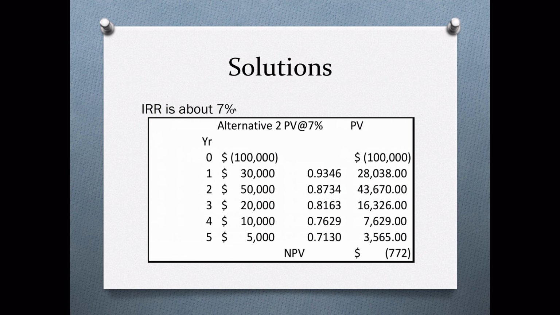So my answer is that the internal rate of return on the second investment, alternative 2, is about 7%. Again, this is hit and miss. On the first problem, I got lucky at 12%. On the second problem, I had to do 2 or 3 calculations. They're really time-consuming if you're doing them by hand, but if you're doing them on Excel, they go a lot quicker.